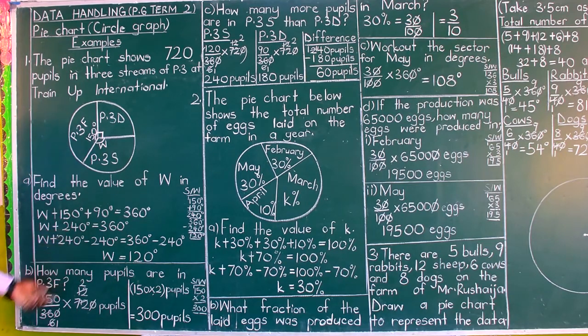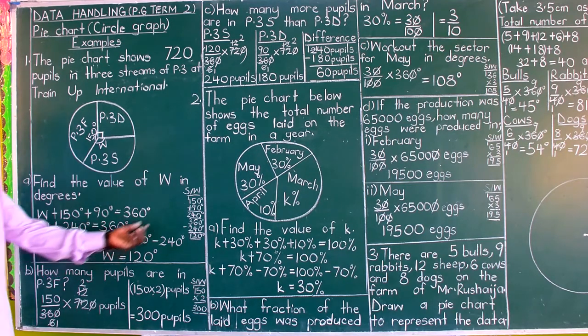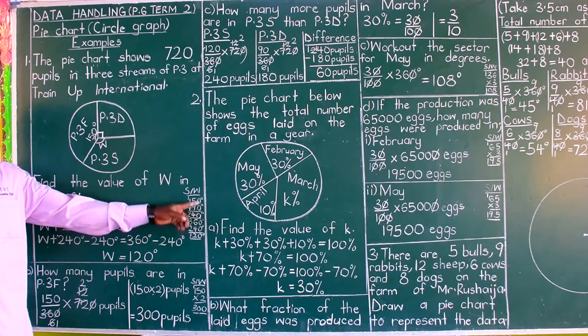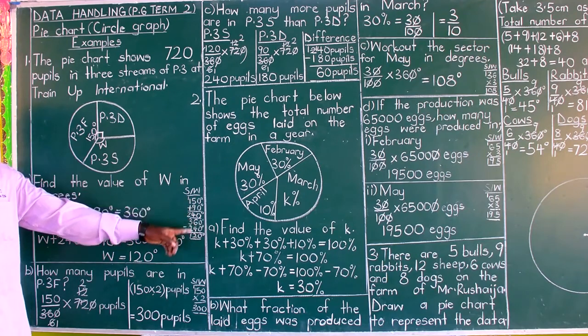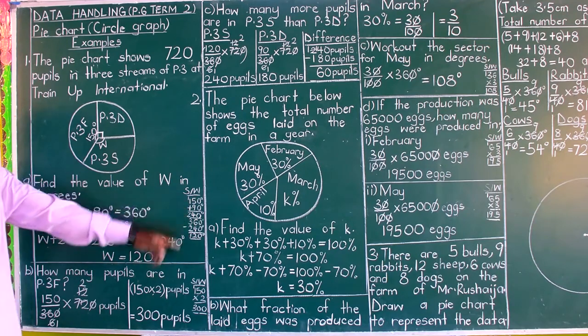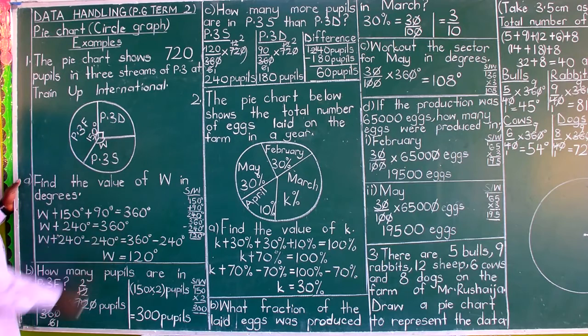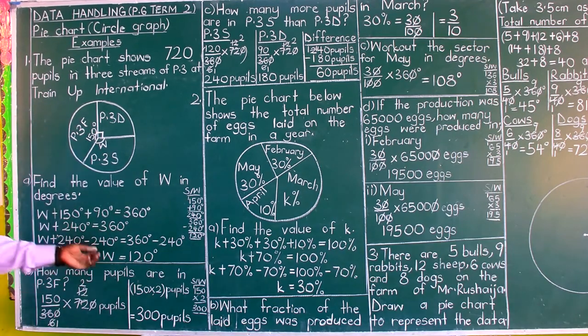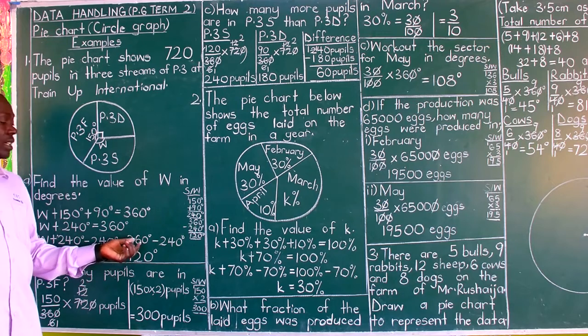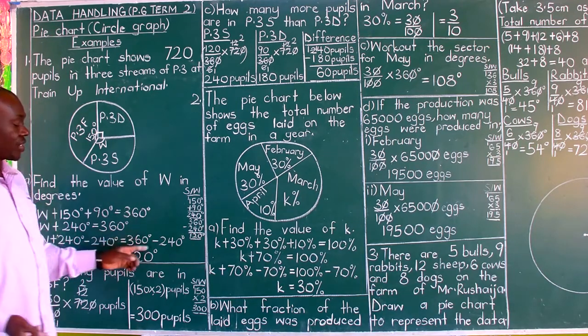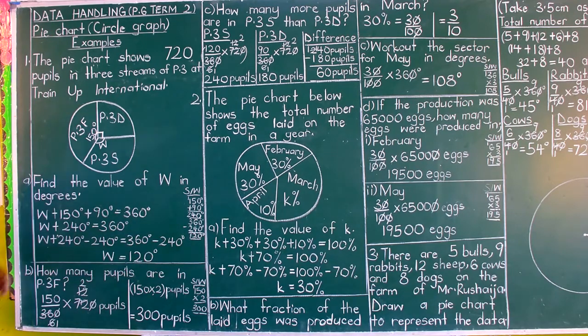And then you add 150 and 90 accurately. 0 plus 0 is 0, 5 plus 9 is 14, you put 4 and carry 1, 1 plus 1 is 2, you get 240 degrees. You say W plus 240 degrees equals 360 degrees. W plus 240 degrees minus 240 degrees equals 360 degrees minus 240 degrees.